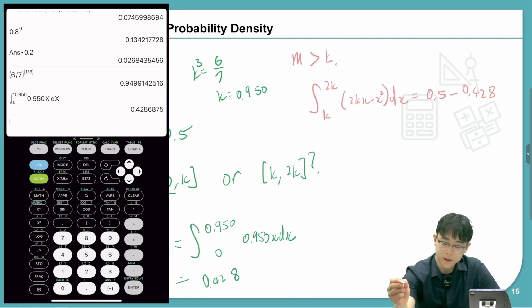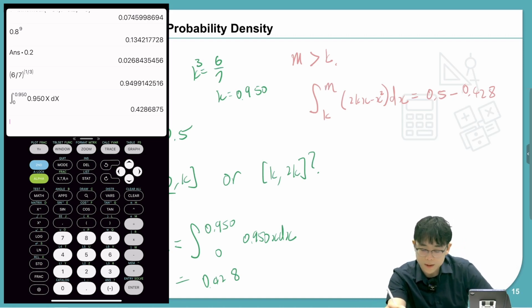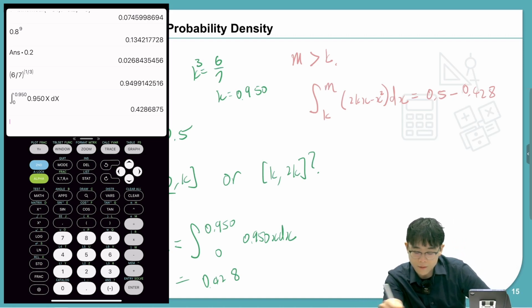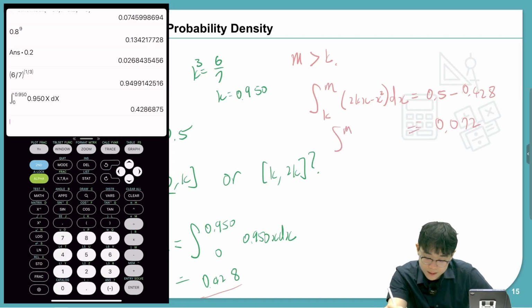Oh, actually we don't integrate from k to 2k, we integrate until the median value m. Because if we integrate from 0 to k, we have an area of 0.428, the remainder of 0.072 must be satisfied by the integral boundary m right here.